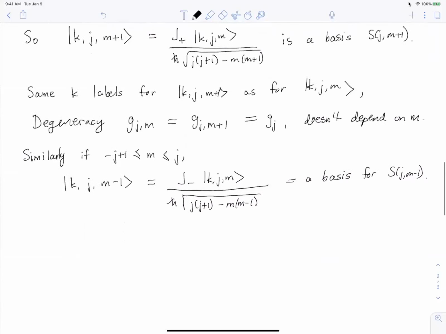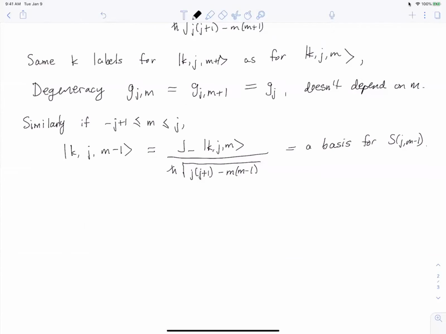Okay, and then we can do this recursively for each subspace. We can construct one with higher m or lower m, just by acting with j plus or j minus, and then including these funny normalization factors.